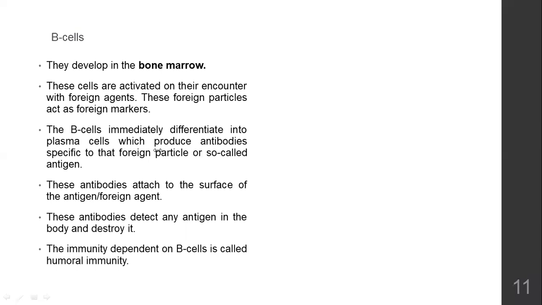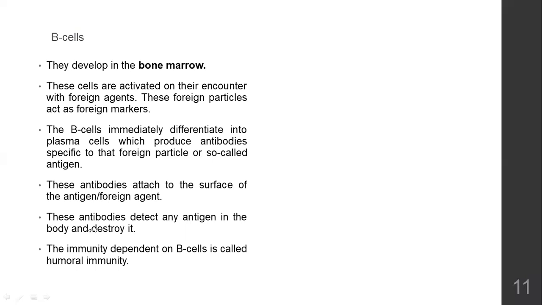As soon as they get the message that there is a foreign particle, a pathogen, they immediately shift into plasma cells, which can produce antibodies. They study the features of the opponent and make antibodies specific to that pathogen, that antigen.